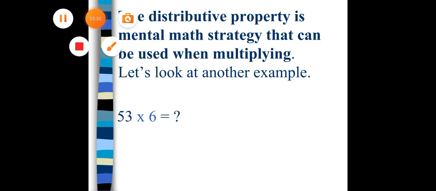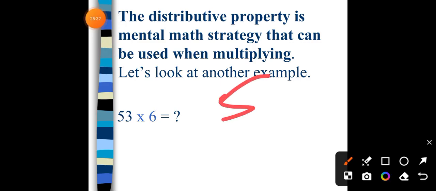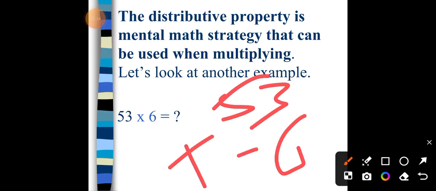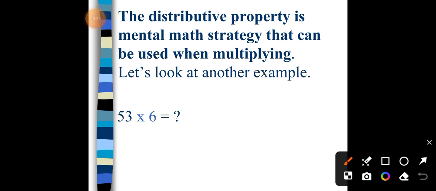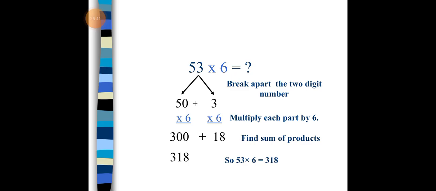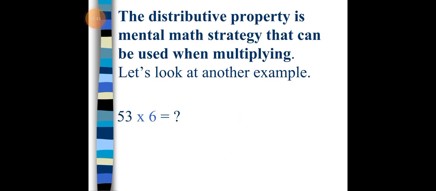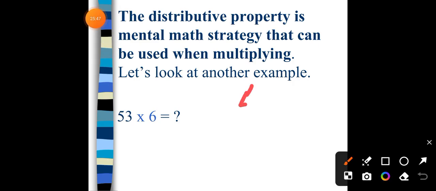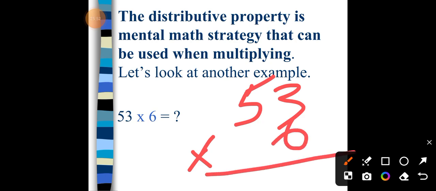For doing 53 multiplied by 6, you can simply write 53 multiplied by 6.